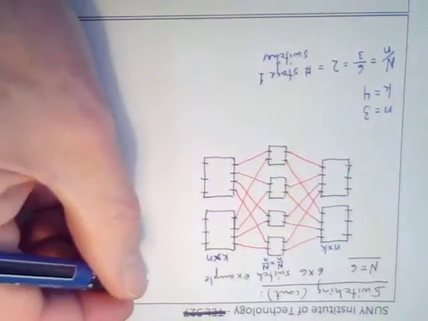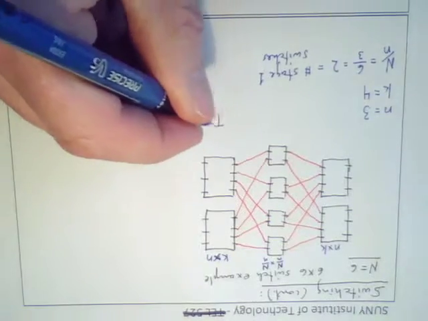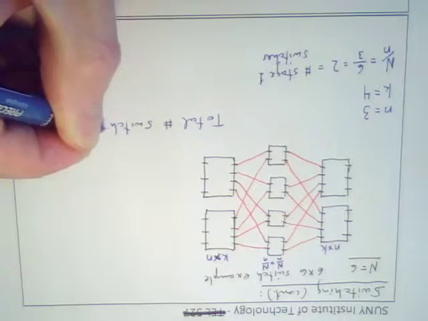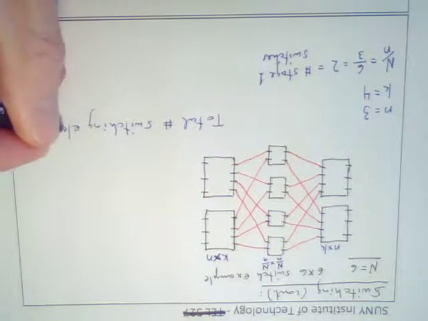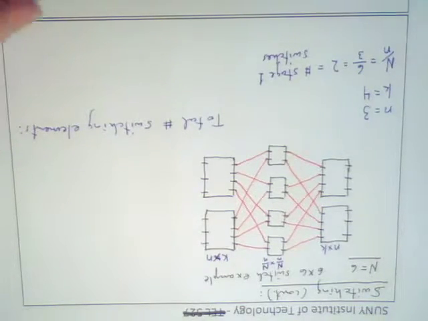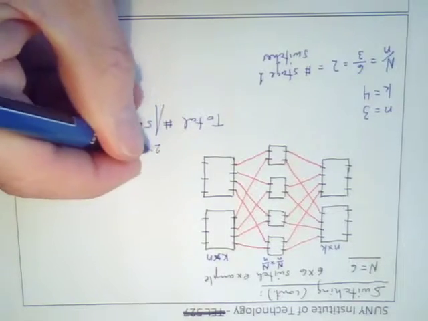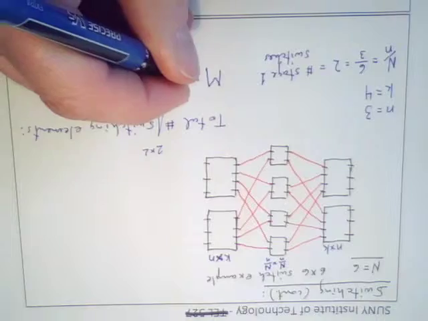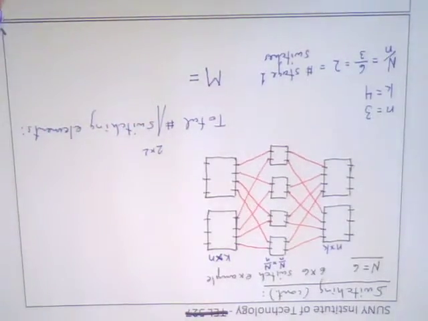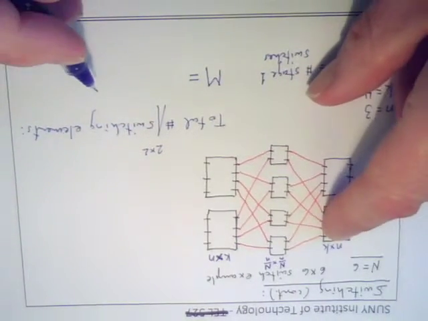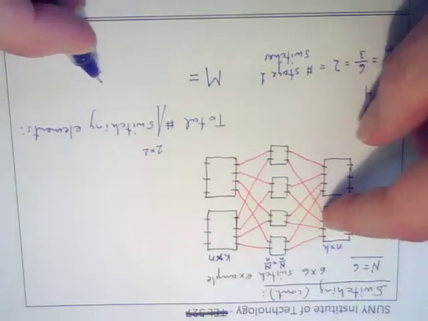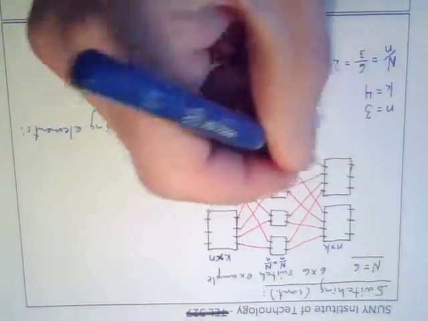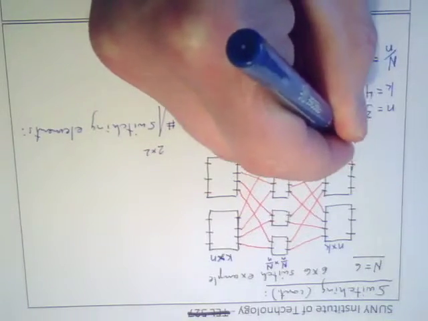And so the total number of 2 by 2 switching elements, we're going to call big M, and that's equal to n times k for each of these little guys, and there are big N over little n of them.